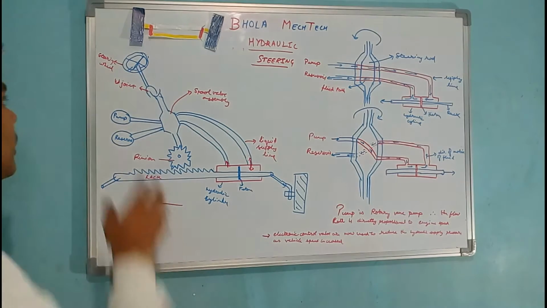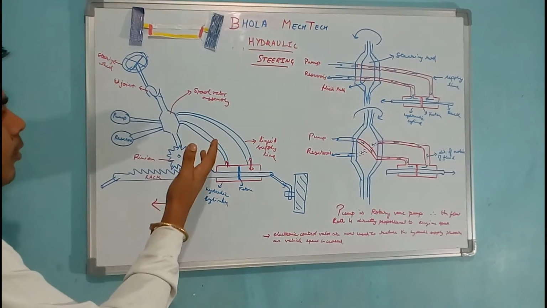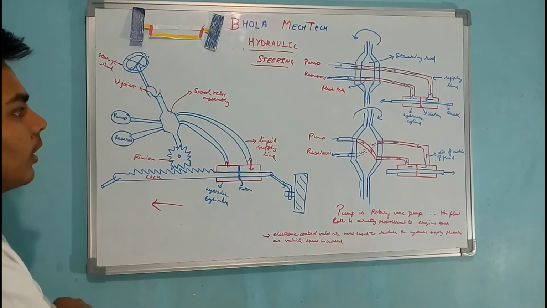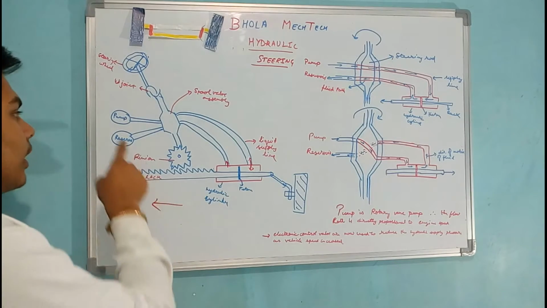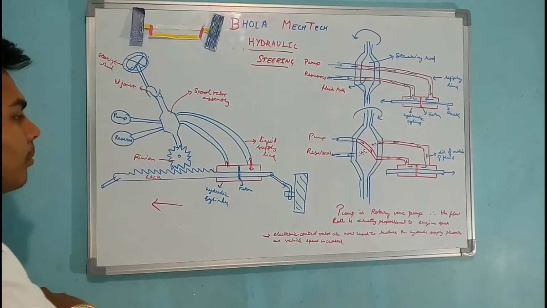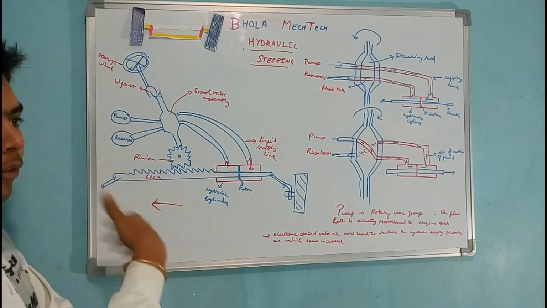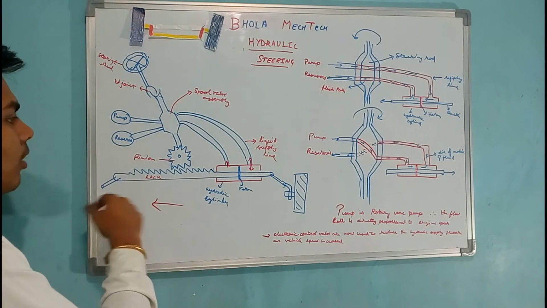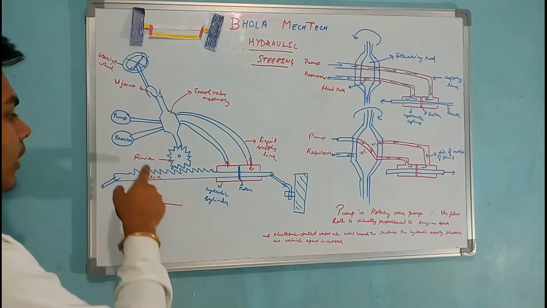The main components are the steering wheel, U-joint, then the spool valve assembly. It is the most important part of this system that controls the direction of the fluid. Then there is a pump, the rotary vane pump, which pressurizes the fluid to the different parts of the hydraulic cylinder. Then there is a reservoir which contains the hydraulic fluid, and then the pinion.